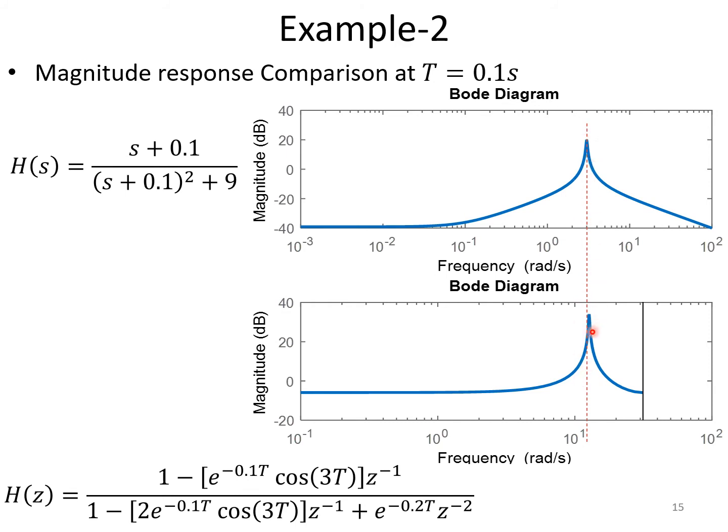There is slight shift in the resonant frequency, if you can see here. Otherwise, it's a quite good approximation at T equal to 0.1 seconds. So what I would suggest you to change the sampling interval and see what kind of effect it has on the amplitude response.